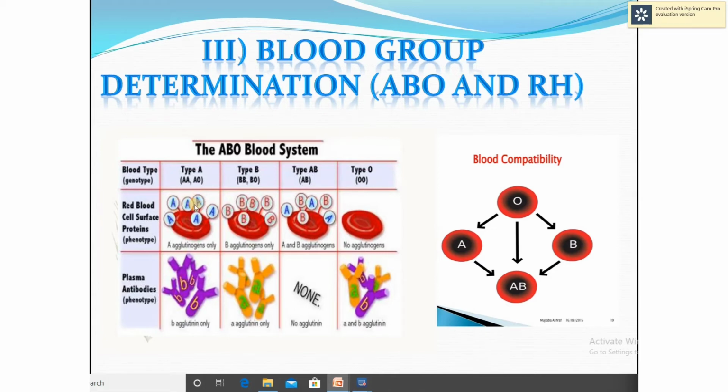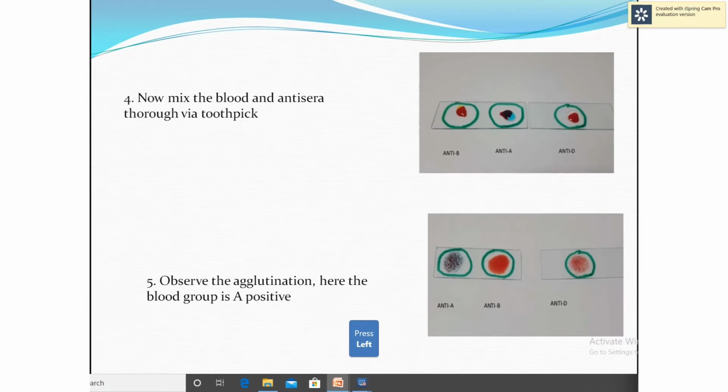So our blood had antigen A on its surface, and as soon as we placed a drop of antisera A, that is antibody A, on this particular part, there was agglutination, meaning our blood type had antigen A. Therefore, our blood group was A and positive, because our RBC had the Rh antigen on its surface, and therefore it showed agglutination when antibody D was placed on the slide. So I hope this is clear to you all.